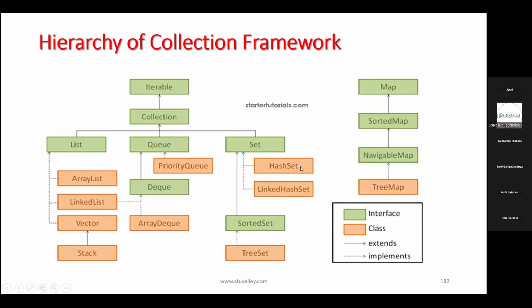HashSet is basically a set interface that internally uses the map interface's implementation. Map is not a part of the collection. It is not a direct child of the collection interface, but we consider the map interface also as a part of the collection framework.